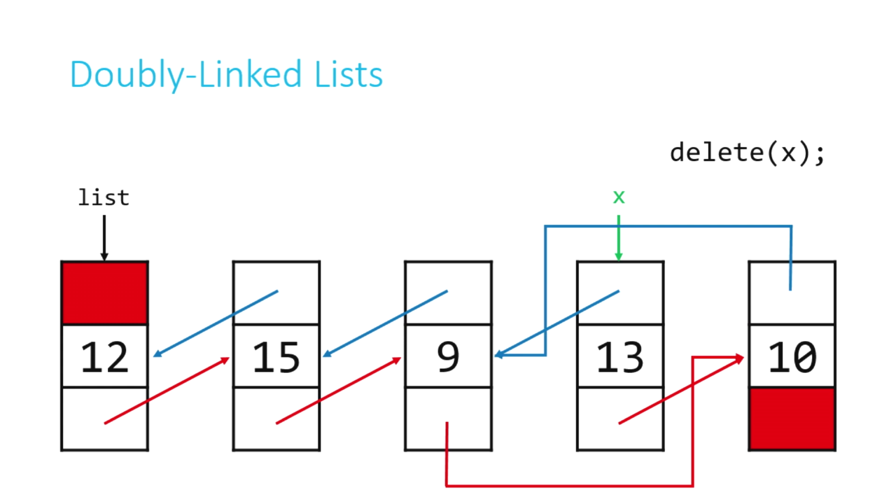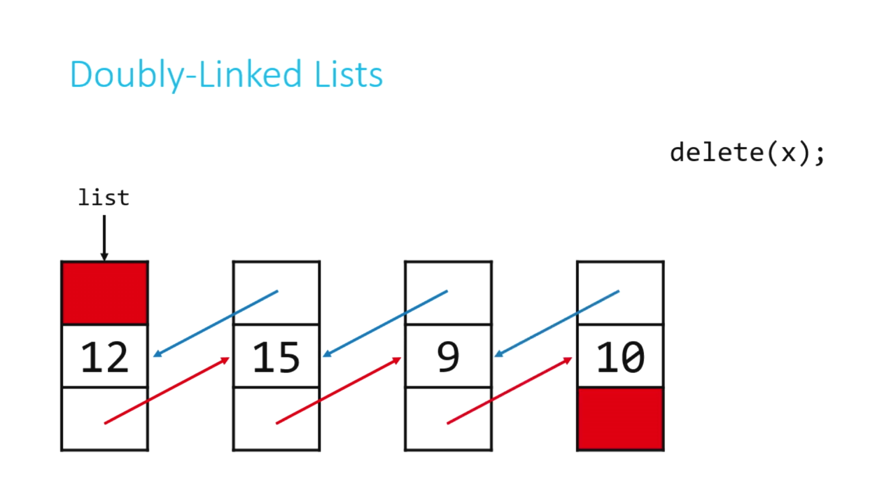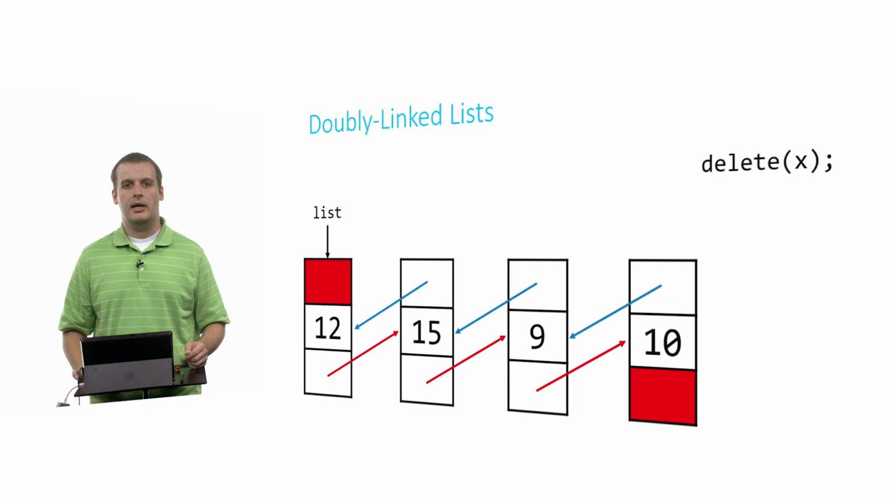Now notice, if you follow the arrows, we can drop 13 without actually losing any information. We've kept the integrity of the list moving both forward and backward. And then we can just clean it up a little bit by pulling the list together. We rearranged the pointers on either side, and then we freed X, the node that contained 13, and we didn't break the chain. So we did good.